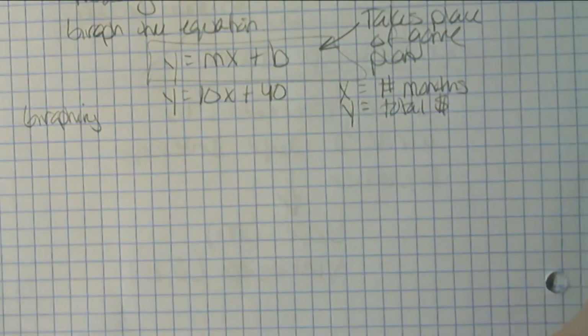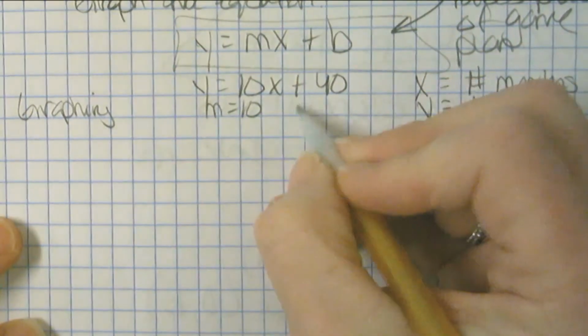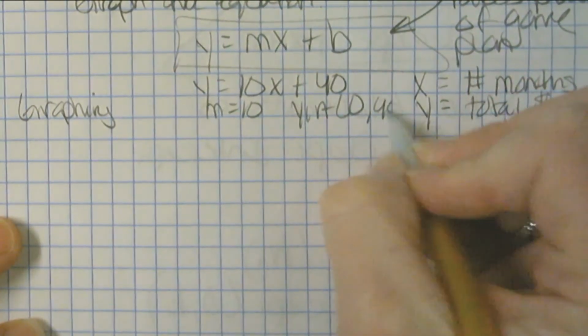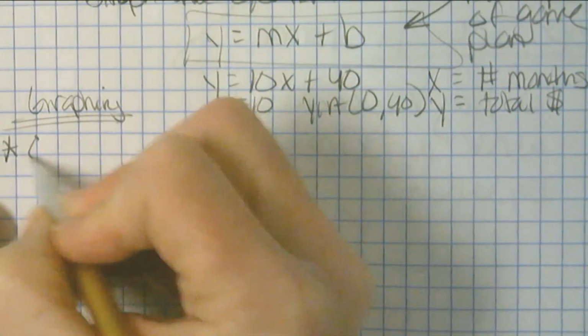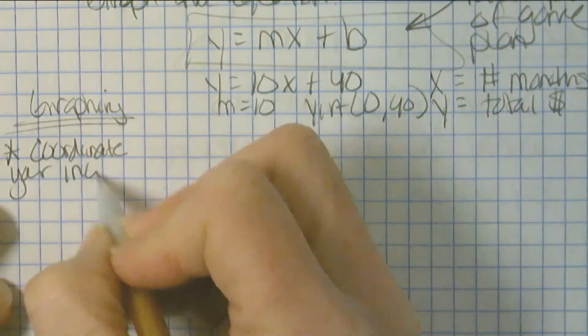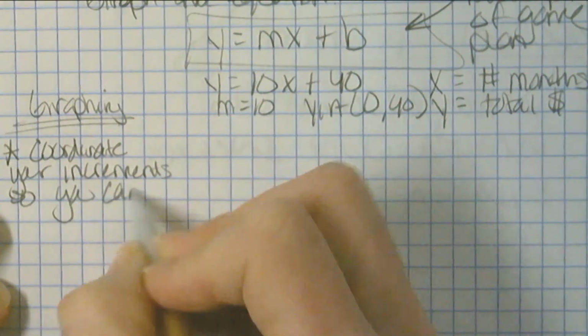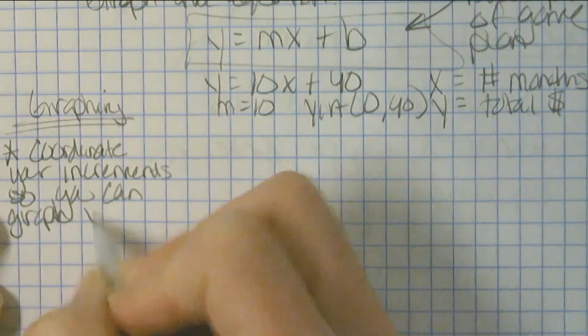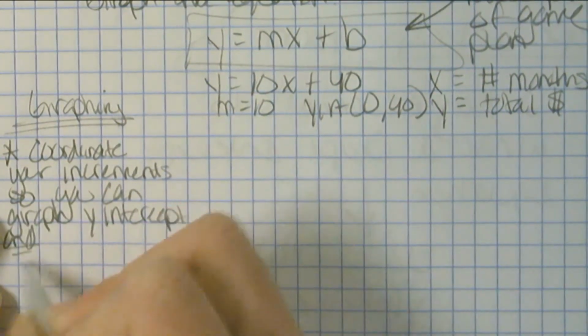Okay. So when we're graphing, the hardest part here is coordinating between the y-intercept and the slope. All right, our slope is 10. Our y-intercept is (0, 40). So what you need to make sure you're doing is you need to coordinate your increments so you can graph your y-intercept and use the slope.